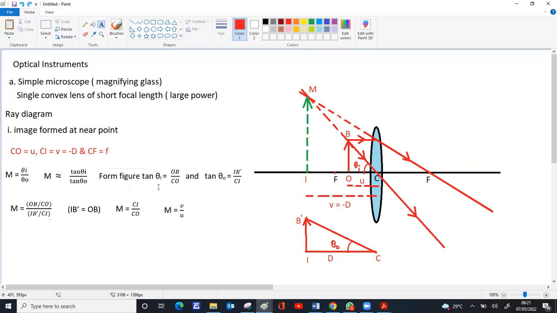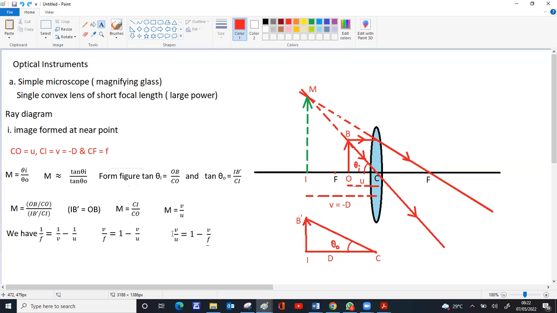So the angular magnification or magnifying power we got is the same as the linear magnification, which is V by U for a convex lens. For transferring this into constant terms, we already have the lens formula: 1 by f equal to 1 by v minus 1 by u. If you multiply throughout by v, v by f equals 1 minus v by u. Get v by u from this: v by f goes to the right.